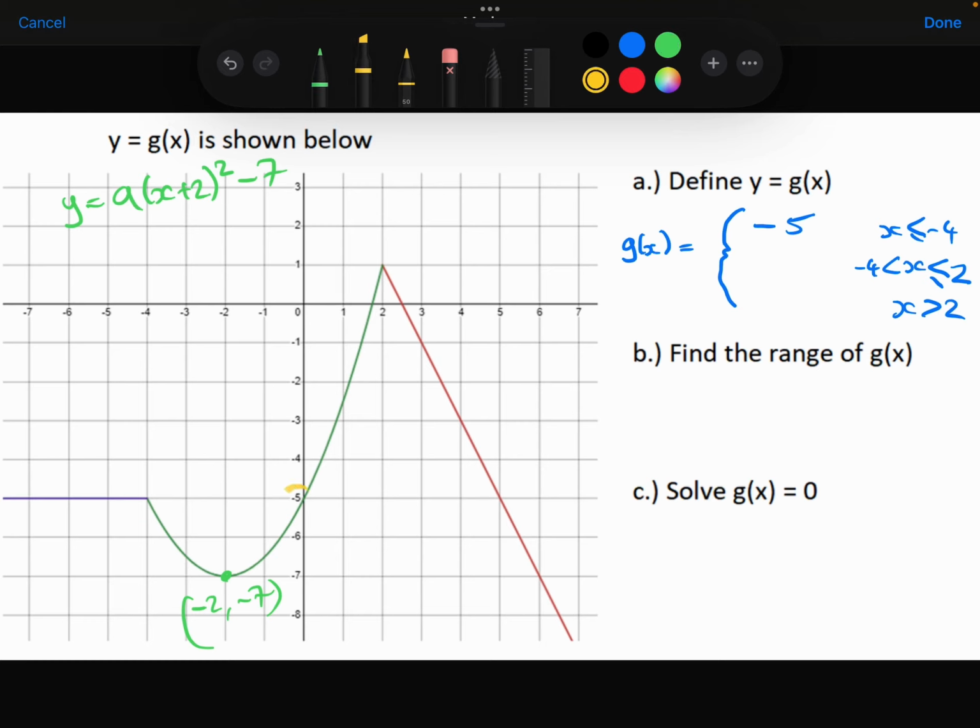I'm going to choose a nice easy coordinate that I can substitute in. I'm going to substitute in the coordinate 0, minus 5. So the y coordinate is minus 5 when the x coordinate is 0. The 0 plus 2 is 2. The 2 squared is 4.